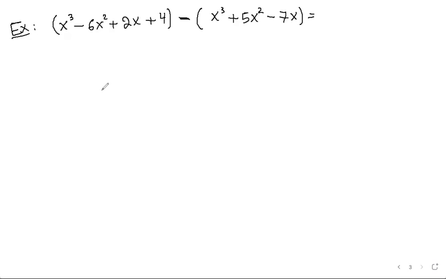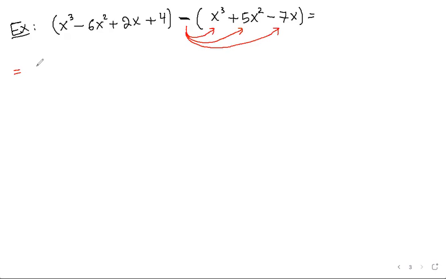So how can we solve something like that? Combine like terms, exactly. So first, before we combine like terms, but this is the general idea, we distribute the minus inside the parentheses. This is the first thing we have to do.